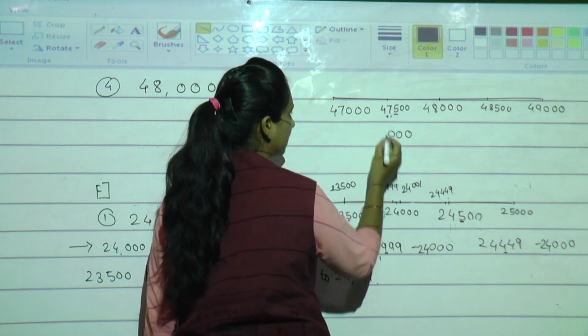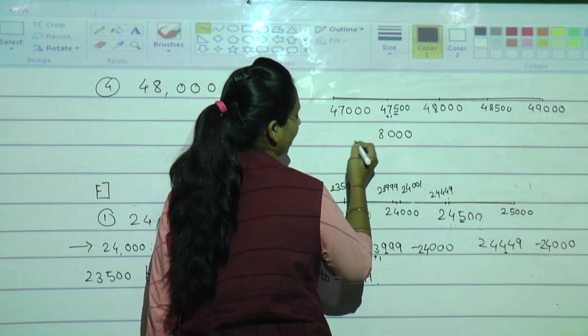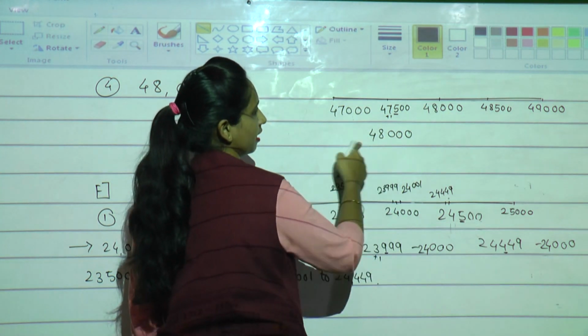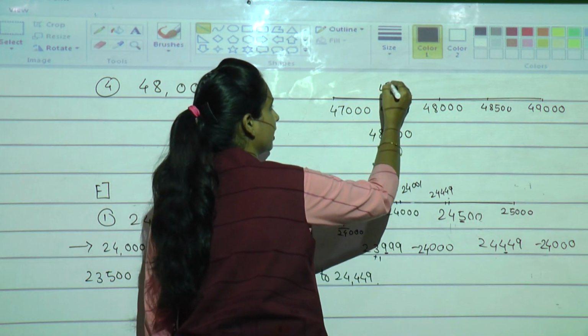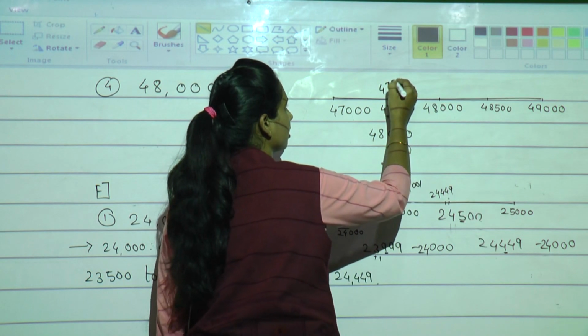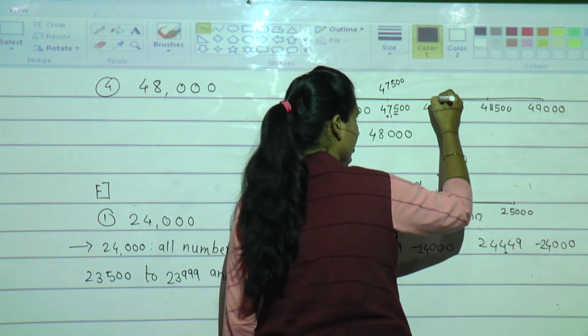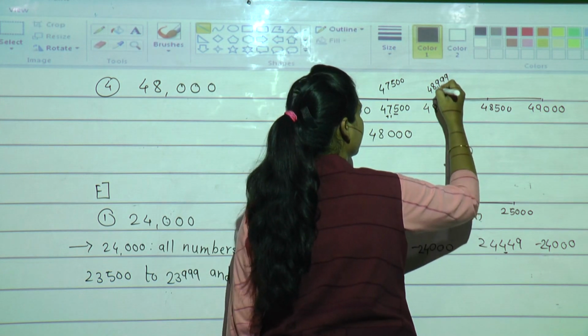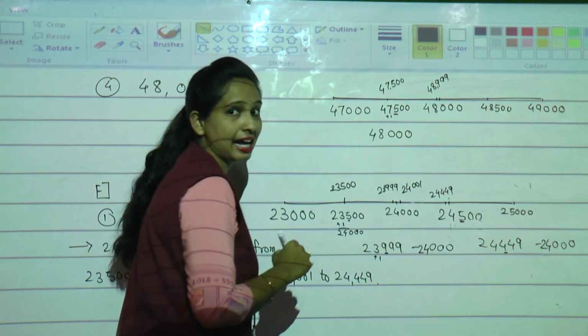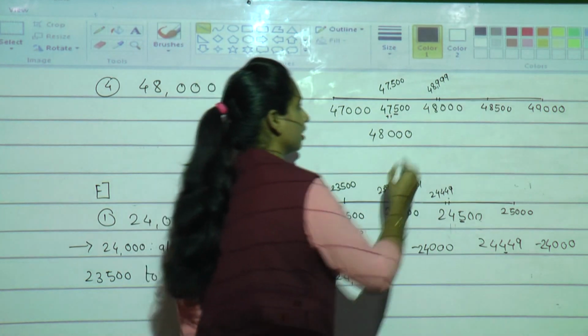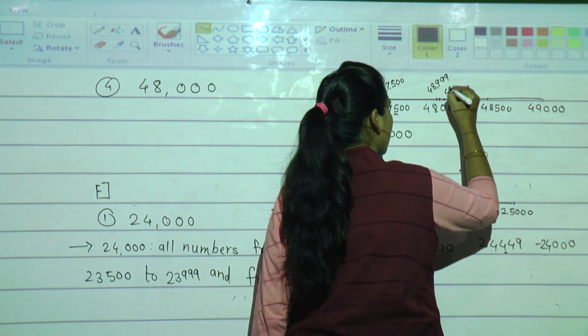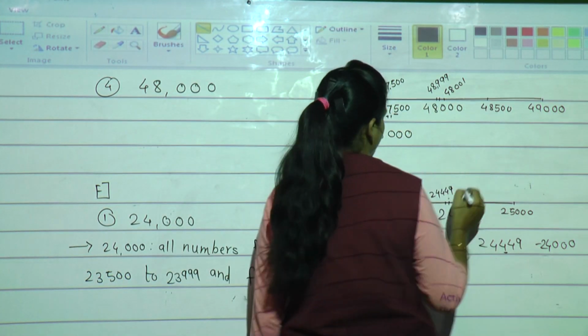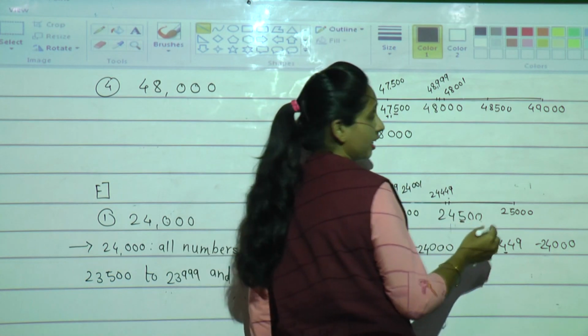If I add 1 here, 7 plus 1 becomes 8. You can see, from here we can take all the numbers till here. What will come? 48,499. And again the next number will start, 48,001, 2.